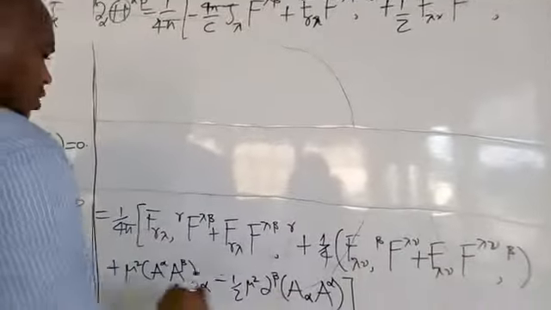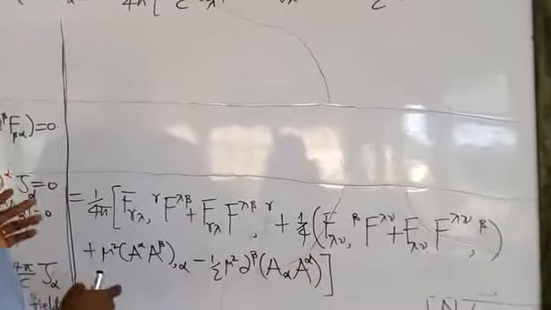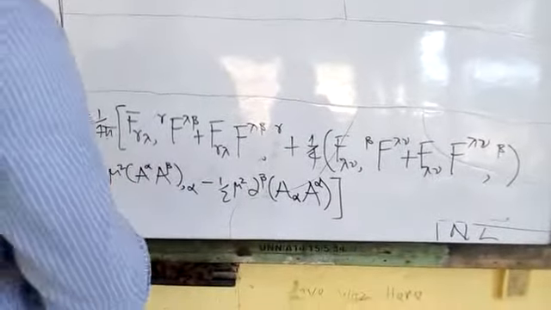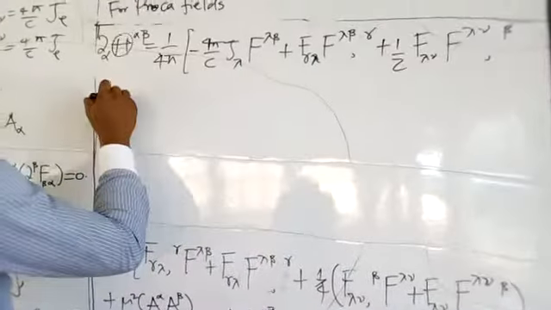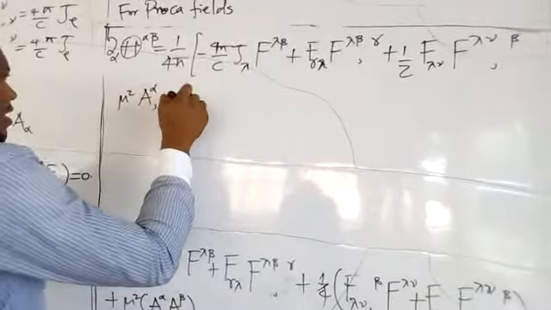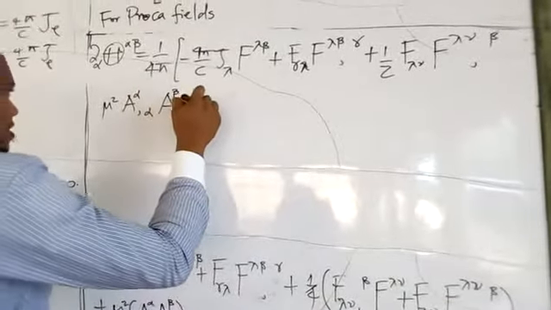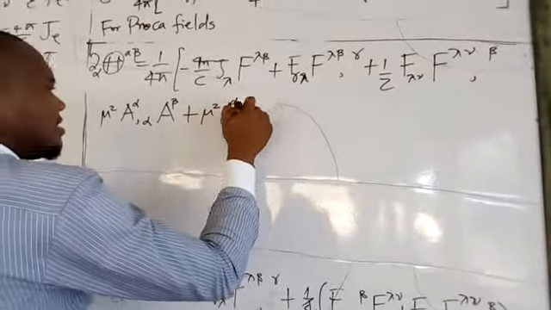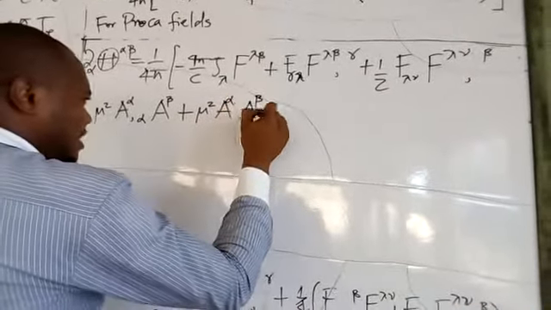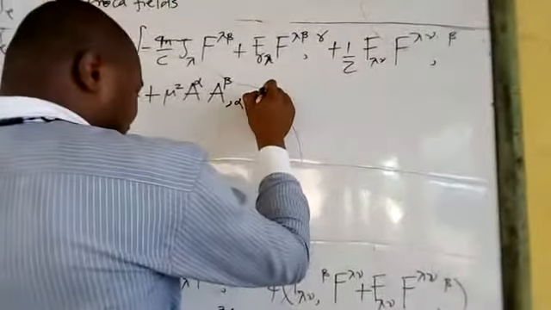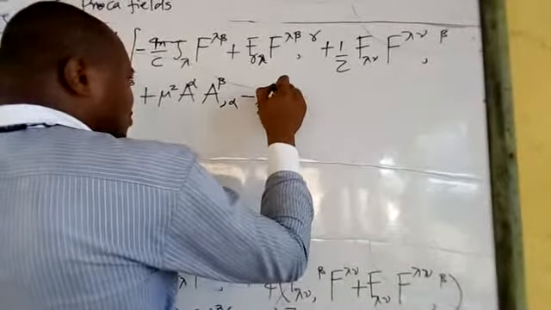Now looking at this one here, I have already, for the sake of convenience, made some interchange, written this in this form. So let me say mu squared a alpha, comma alpha, a beta, plus some mu squared. This time I'm keeping a alpha constant, but then I'm differentiating a beta by alpha. And the next thing here I'm going to have is minus 1 over 2 mu squared.